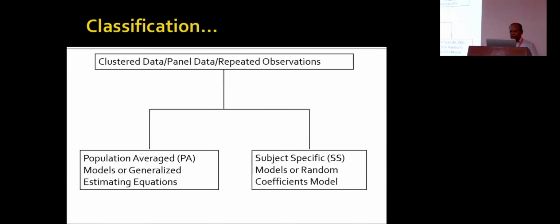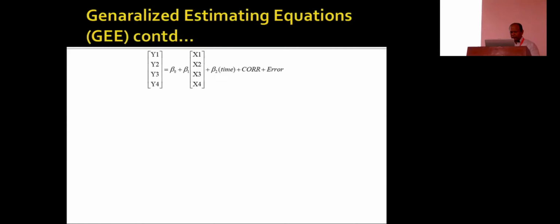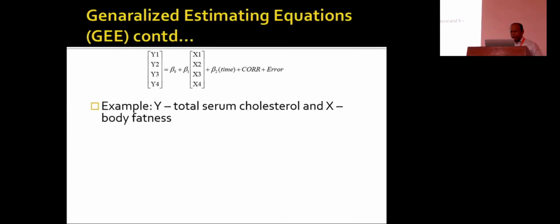This is what we said, population average model and subject-specific model. The GEE, which is a population average model, this is what the heading says, working correlation structure. There are some specific structures you deal with. This is a regression model, and this is the correlation structure which goes into the model.